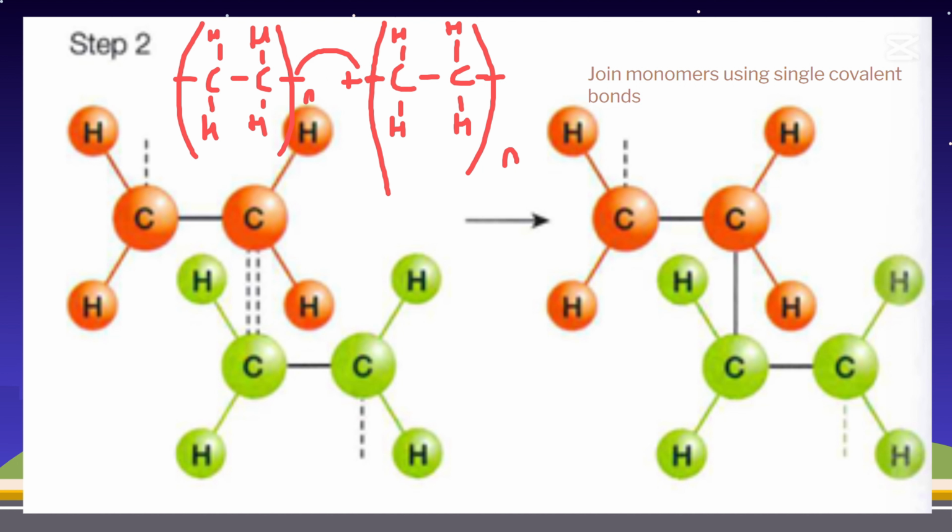And since we have these bonds right here open to join, the polymer that we form is simply going to be, so it's CH. The first monomer would have been CH, then another H here, H as well. And since we're joining it together, I'm going to put my bond and the bond.